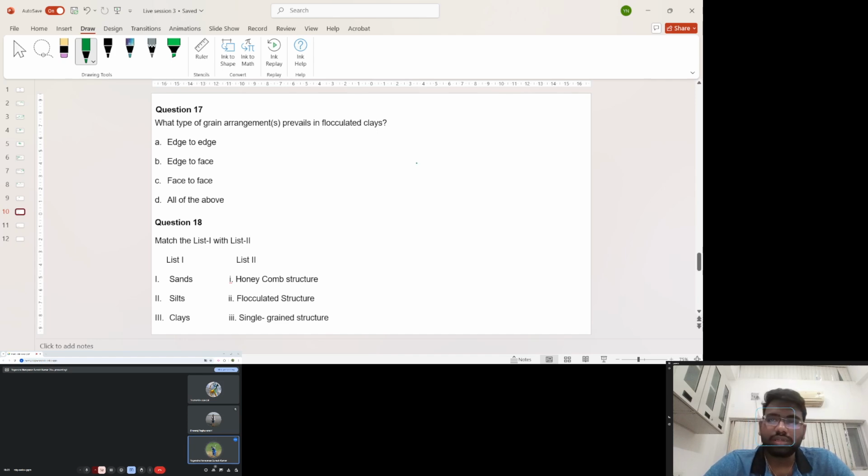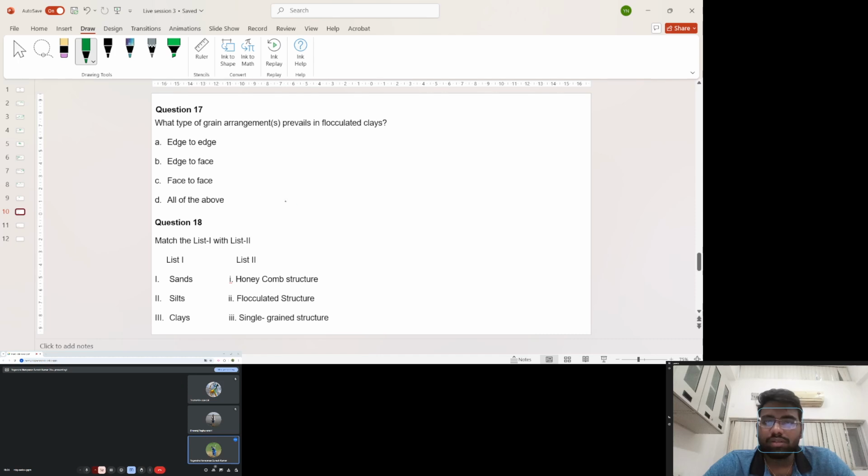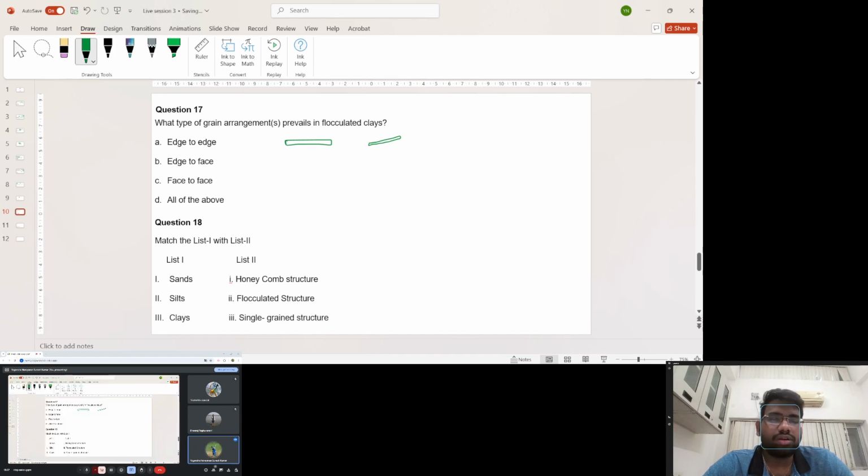So how does a flocculated structure look like? This is a typical clay mineral, a flat structure. You have to understand when the flocculated structure will form.